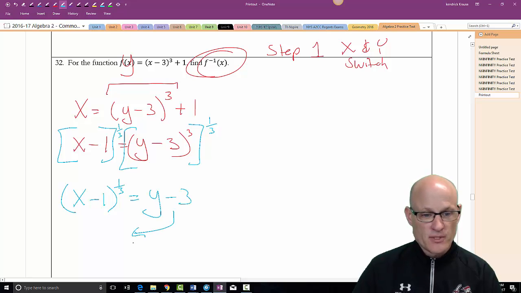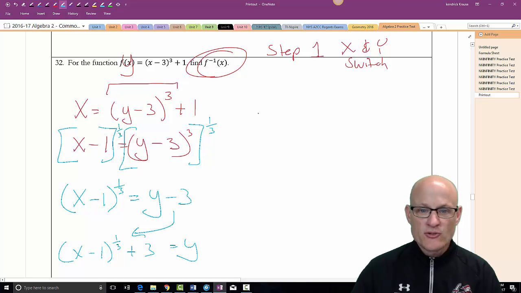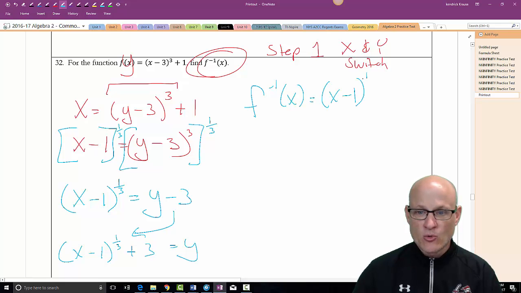Now, I just got to bring this over. So, I get x minus 1 to the 1/3 power plus 3 equals y. So, f inverse of x is equal to x minus 1 to the 1/3 power plus 3.